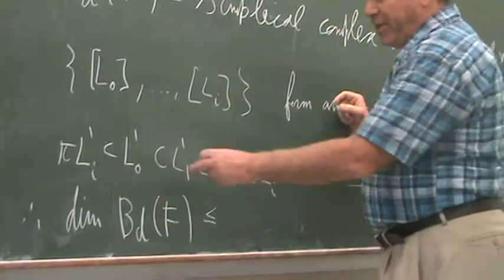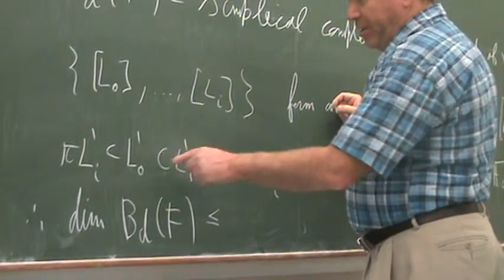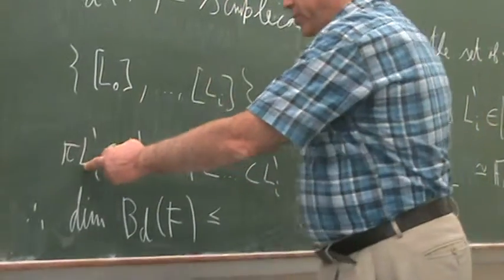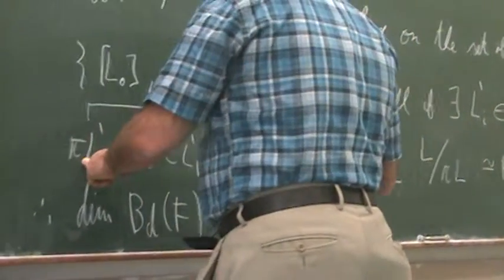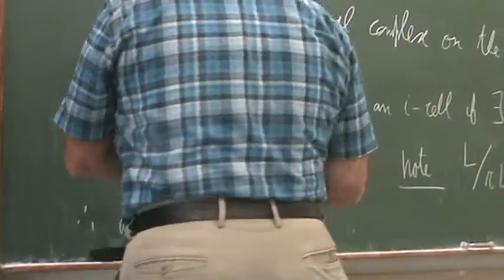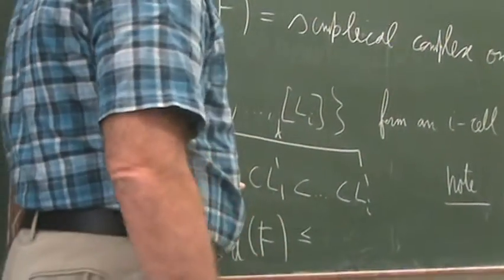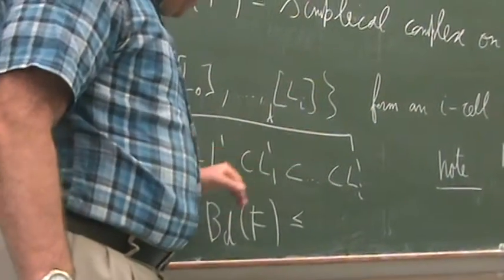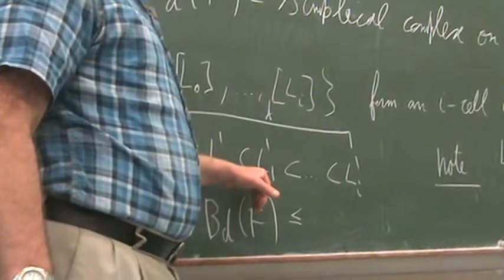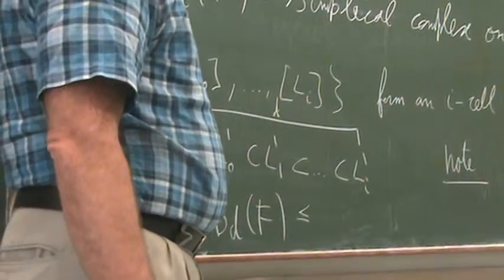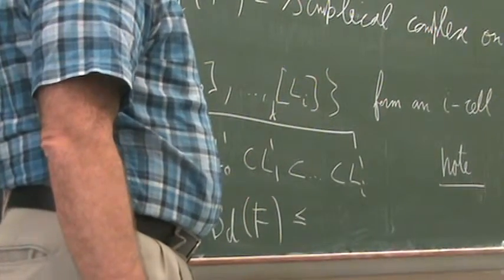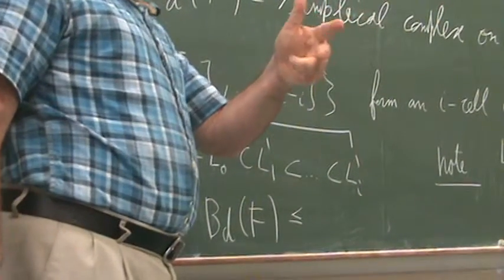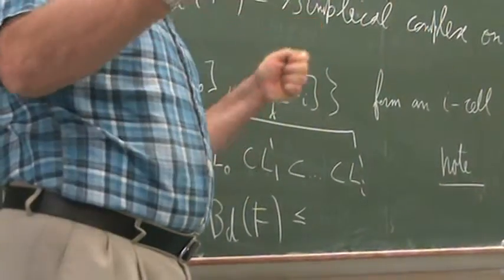now they are not equivalent, Li prime and Li. So all this together is a vector space of dimension D. If we have a truly increasing sequence of subspaces, the total length is D plus 1 from here up to here: 0, 1, 2, etc. up to D. So the total length is D plus 1.